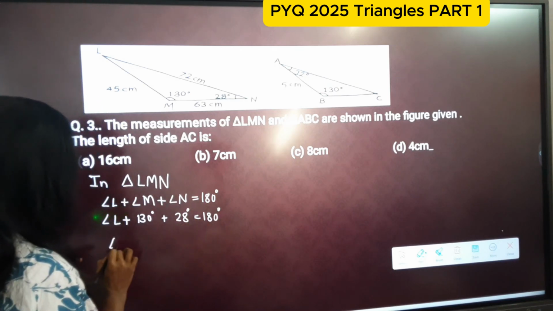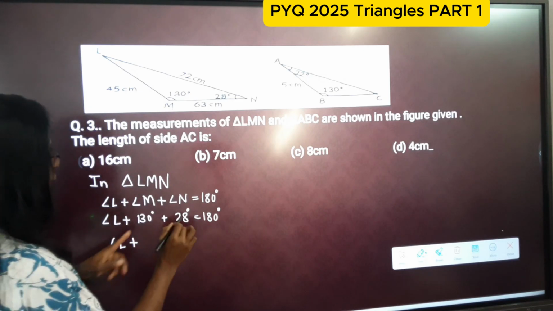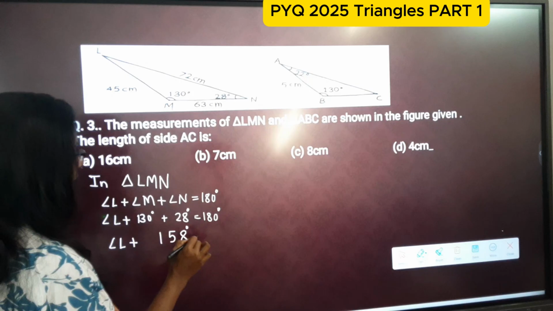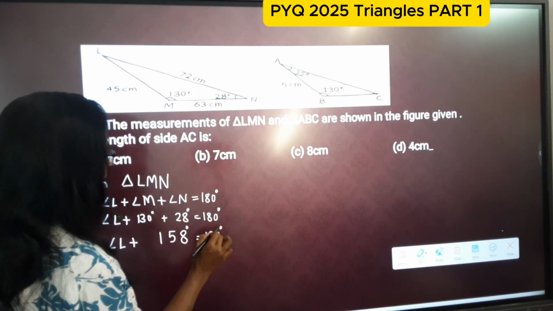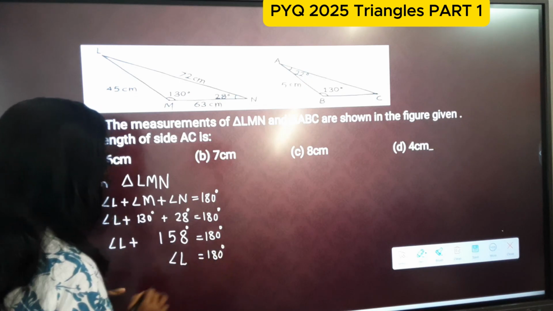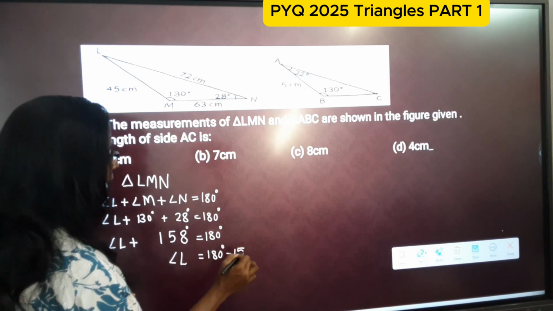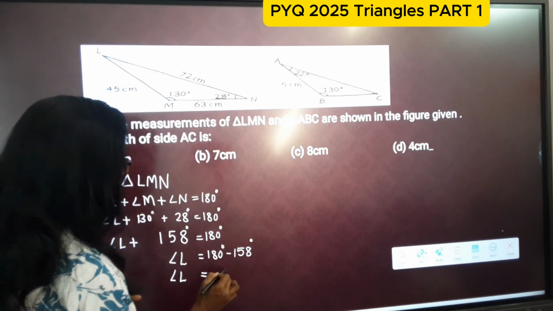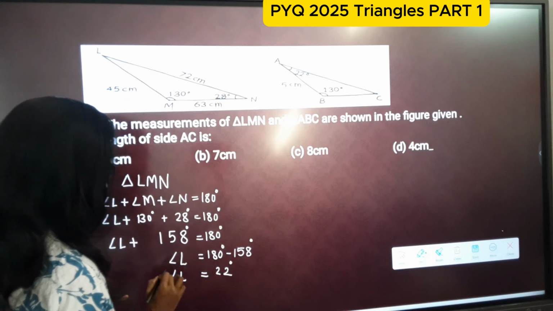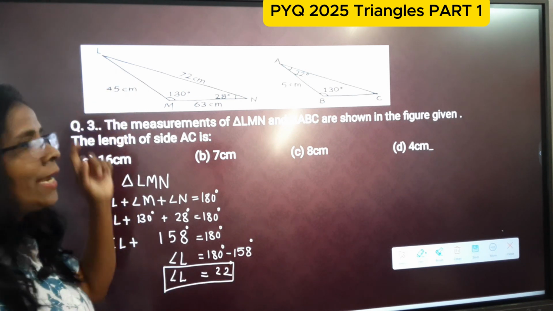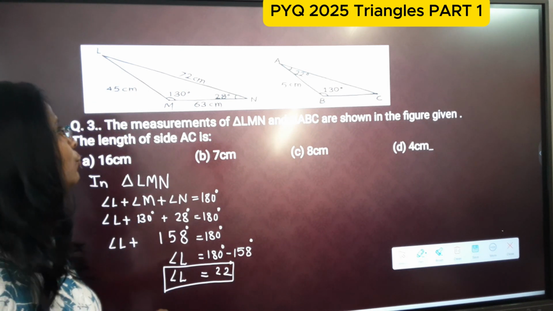So now angle L plus 158 degrees is equal to 180 degrees. So now angle L is equal to 180 degrees minus 158 degrees, so angle L is equal to 22 degrees. Okay students, now here the angle L is equal to 22 degrees.